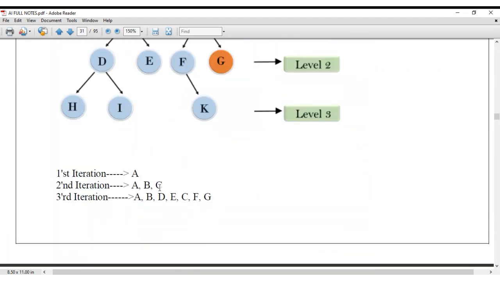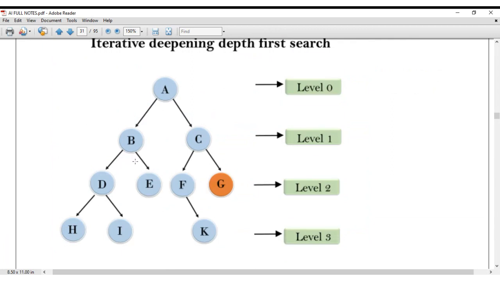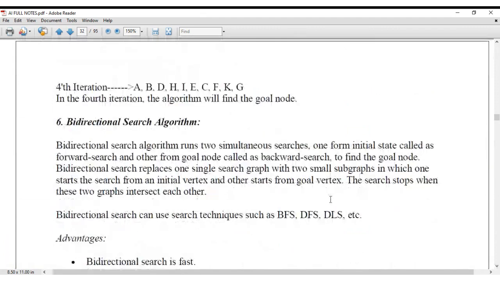Okay, A, B, D, E, C, F, G. Then from that, it will go to A, B, D, H, I. All right. So in other words, it basically combines the mechanism of depth first and breadth first, and I'm going to task you to read about that because we had already explained depth first and breadth first.